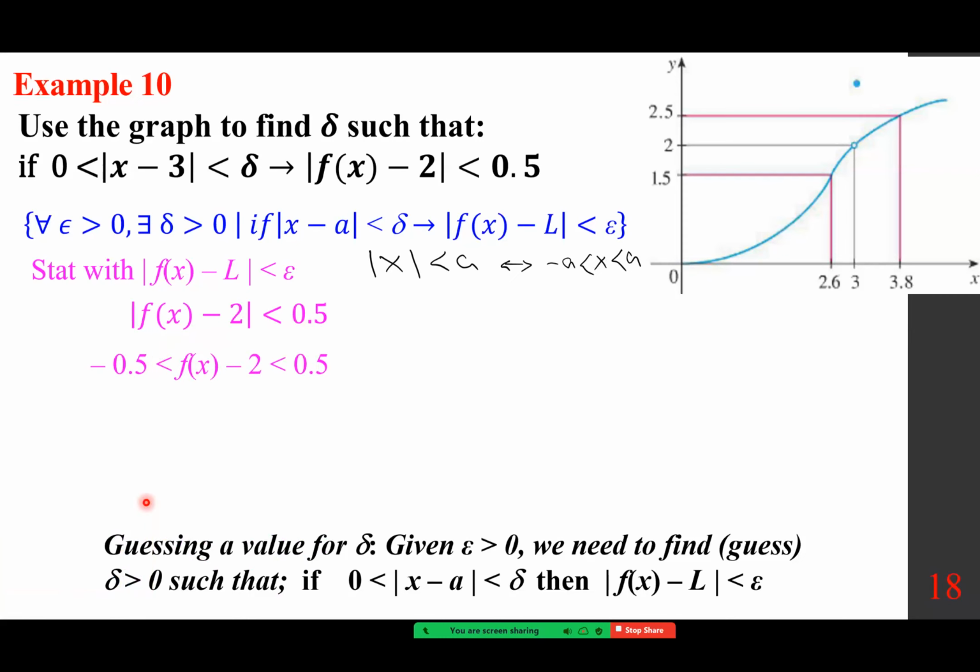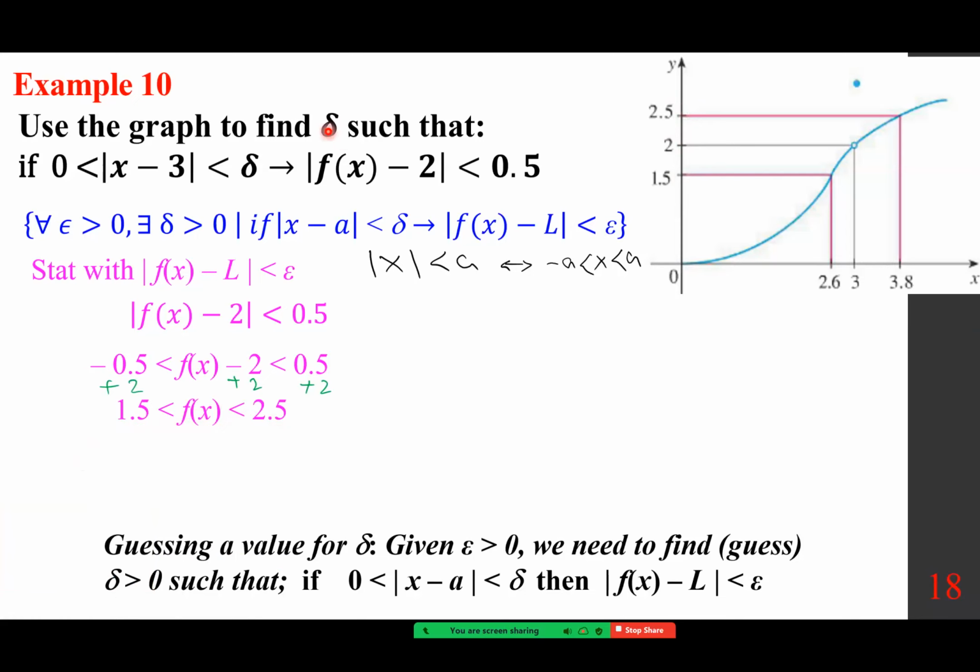We are moving the 2, meaning we are adding 2 to all 3 sides. And we get f of x somewhere between 1.5 and 2.5. Again, the graph indicates that, but just wanted to show you analytically, algebraically.